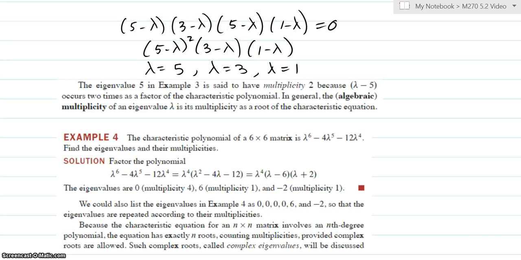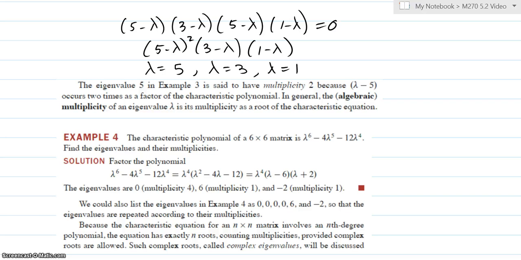Let's look at an example of this in the book. Example 4 says the characteristic polynomial, they're giving it to you, of a 6 by 6 matrix is this expression. Find the eigenvalues and their multiplicities. So again, they're already giving you the characteristic equation, and they want you to find the eigenvalues.